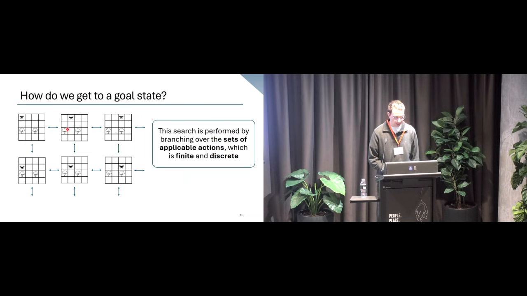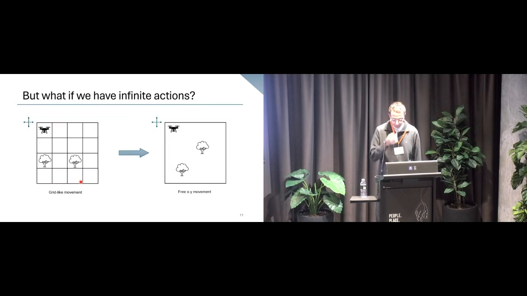So in this configuration, the drone can only move left, move right, and down. But the challenge here is, imagine that you wanted the drone to move freely over the geometrical space. You want free XY movement of the drone. How can you do that?